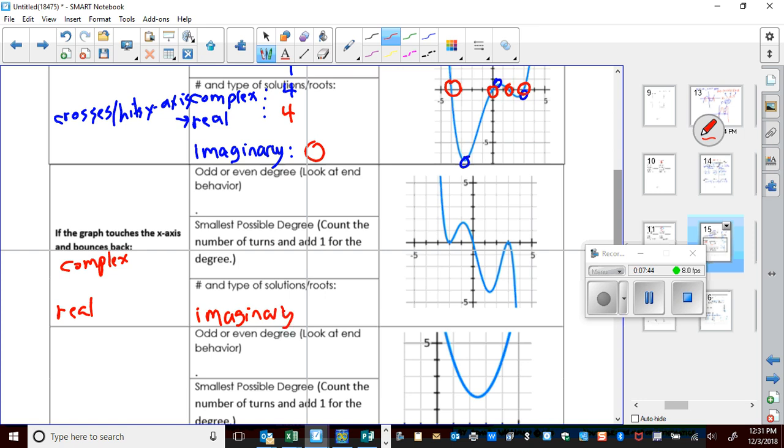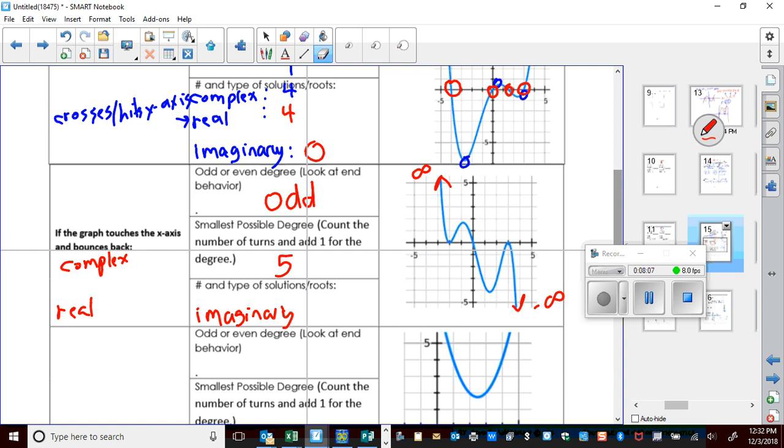Okay? So let's look at if it's odd or even first. It's going to positive infinity on one side, negative infinity towards the right. So this is the odd polynomial. Smallest possible degree. Count my turning points. 1, 2, 3, 4. The smallest possible degree here is 5.